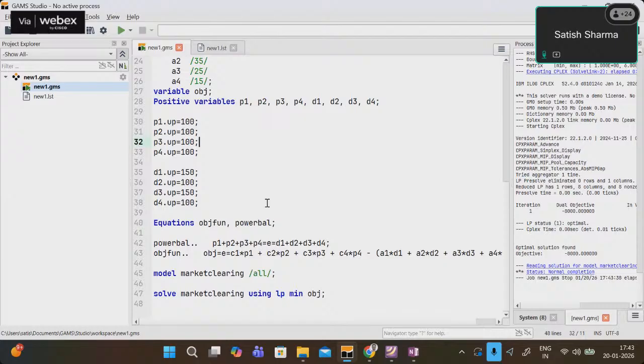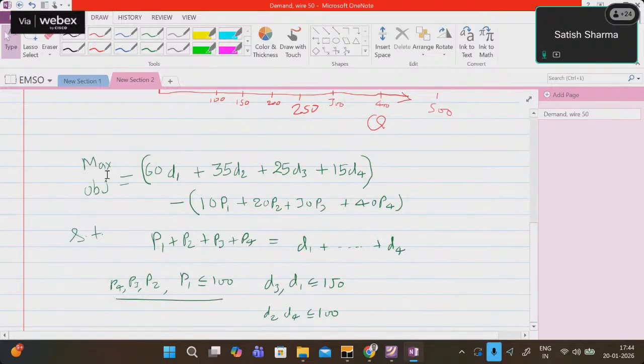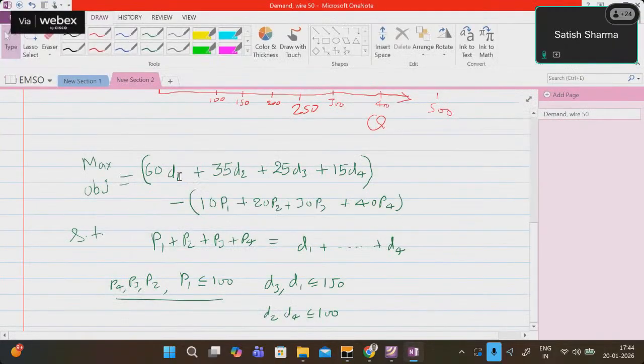I recommend whatever we have learned today, you manipulate this code. And nobody asked me that, here the objective function is maximization of the objective, 60d1 plus 35d2, and I have placed it here as minimization of the objective. So the difference is, I have completely shuffled the objective. It's like cost minus utility of the demand. So that's why I'm minimizing it, and here I have written utility minus the cost, so that's why we are maximizing it here.